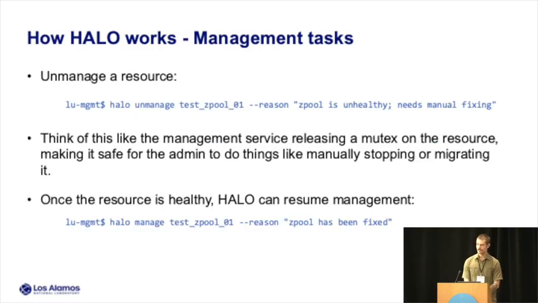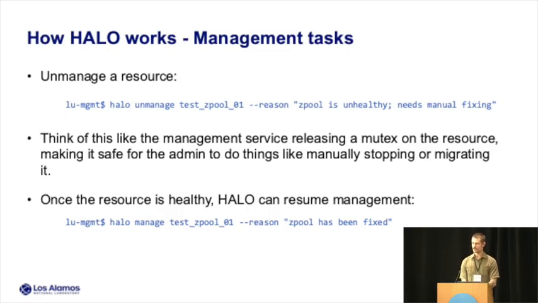A common thing that you might want to do is maybe some resource is currently having a problem of some kind, and you want to take some manual action on it. If you want Halo to stop managing a resource temporarily, you can do that with the unmanage command. You give the name of the resource, and again, you can specify a reason saying why you're doing it.